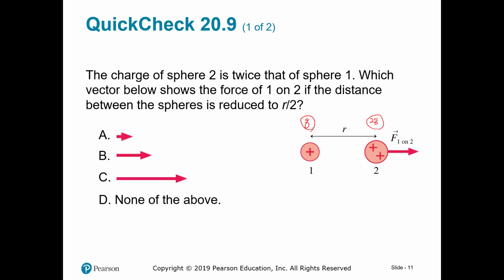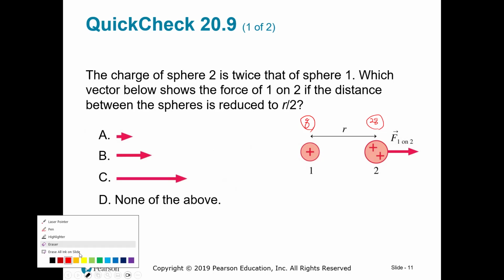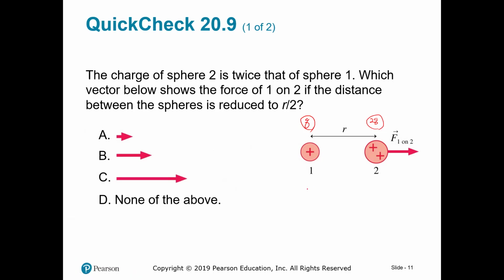So initially, the original force F1 on 2 will be what? Q times 2Q, of course, with K divided by R squared. That's the original force.